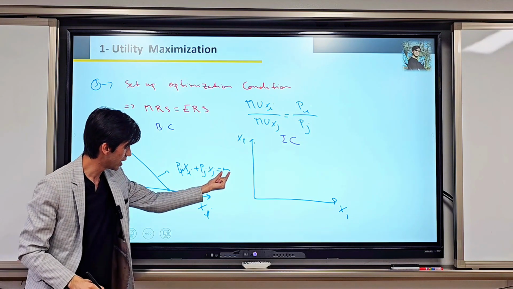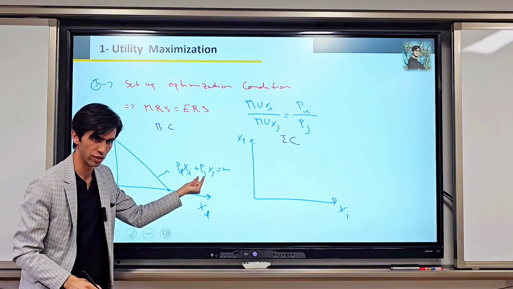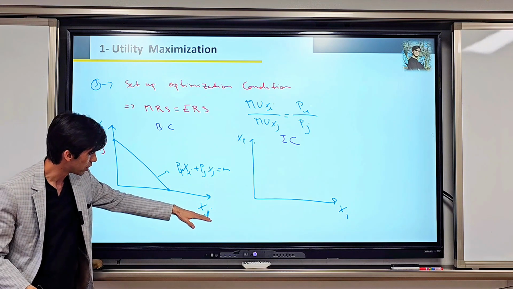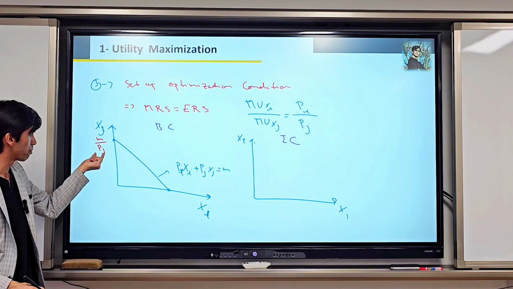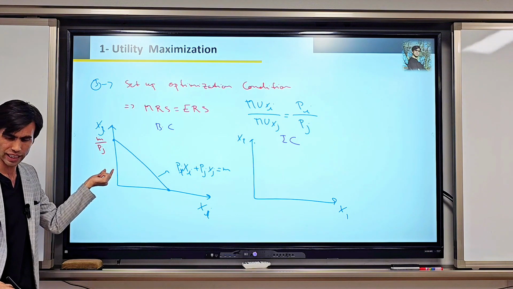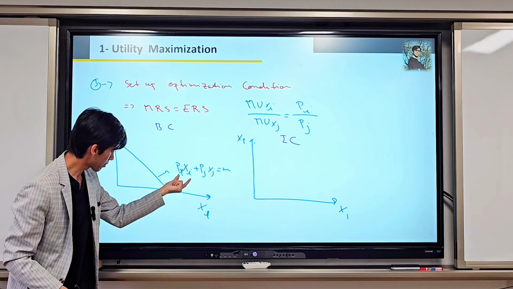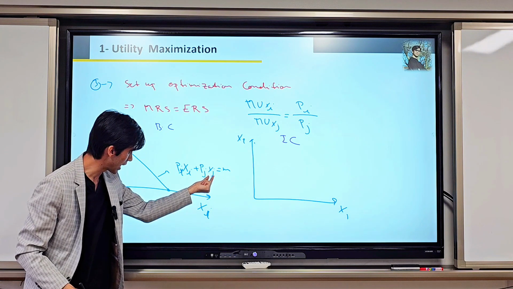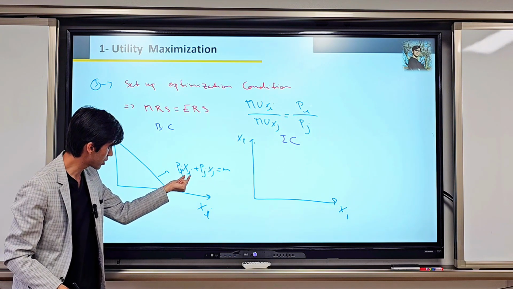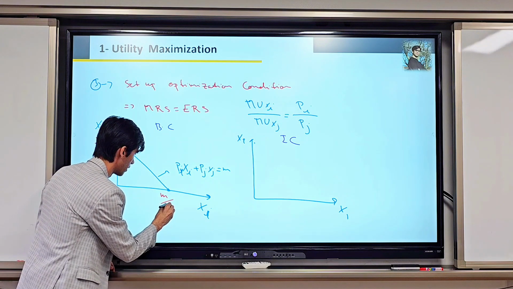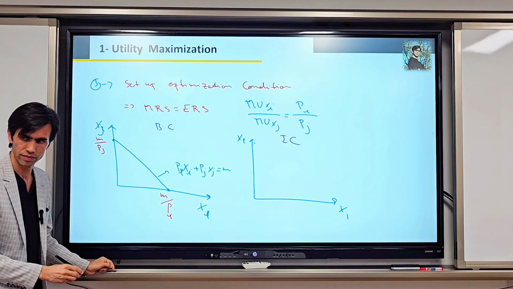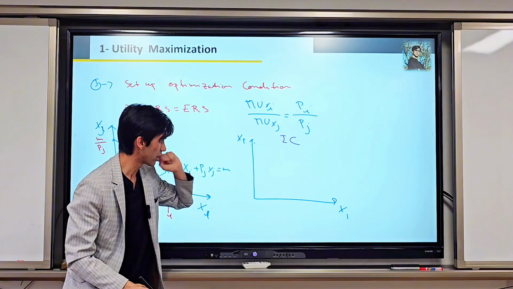It means if you consume 0 amount of xi, you will consume m divided by pj amount of xj. For xi, if you consume 0 amount of xj, you will consume xi equal to m divided by pi.